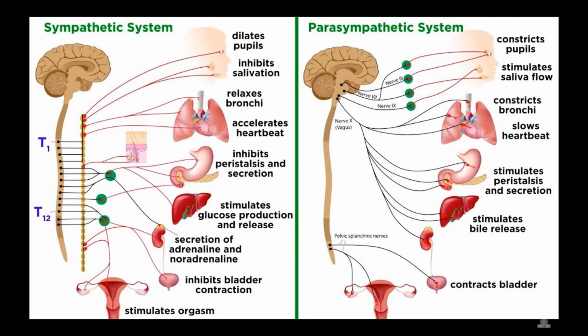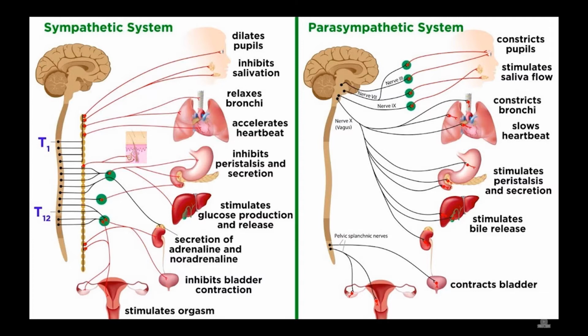So whether we're talking about the sympathetic system or the parasympathetic system, it's a two-nerve system. There's one nerve that goes to the ganglion, and in this case, it's called the sympathetic ganglion. And there's another nerve that leaves the ganglion and goes to the target organ.